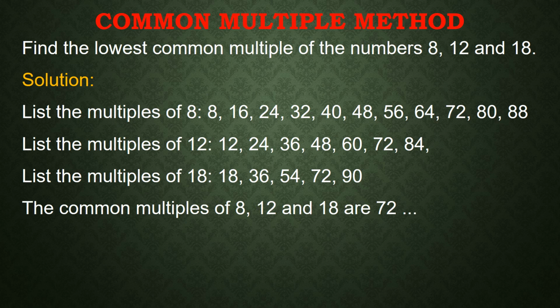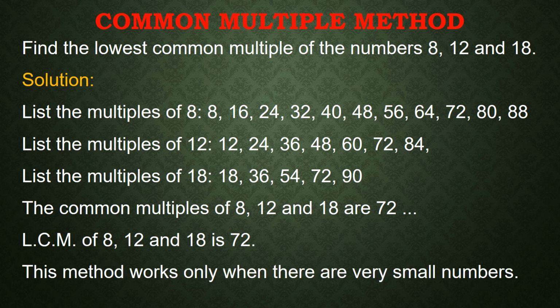Here we can see that the common multiples of 8, 12 and 18 are 72 and so on. So the least of these multiples is 72. Therefore, the LCM of 8, 12 and 18 is 72. This method works only when there are very small numbers.